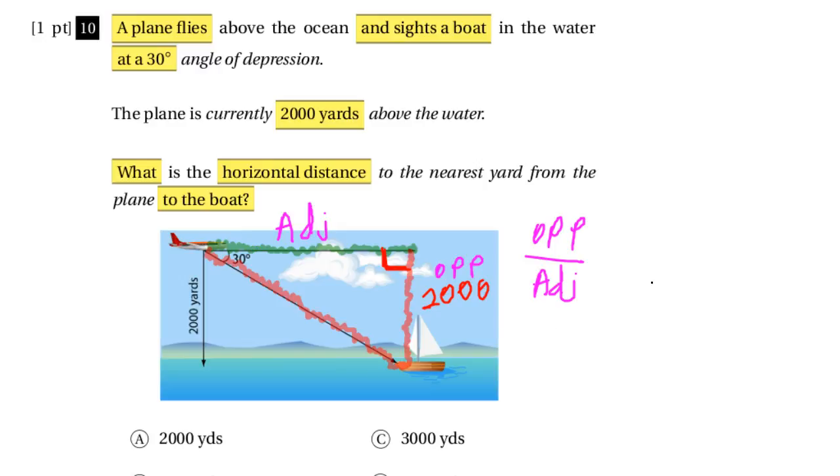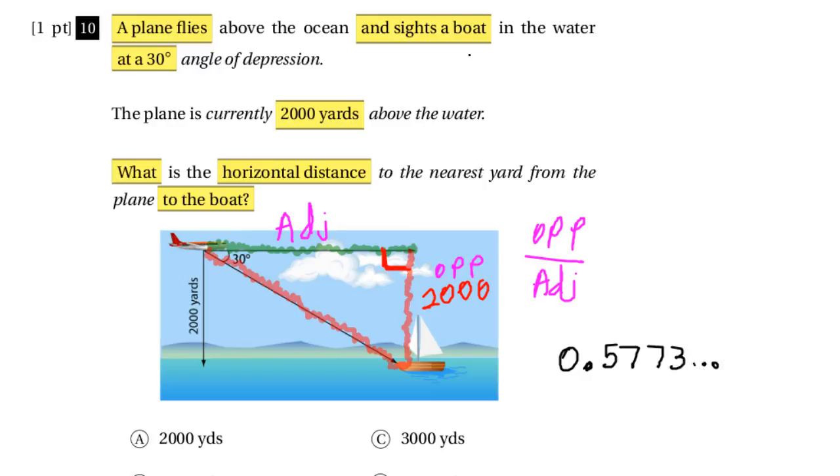So we use our ratio with the angle and it gives us 0.5773, and there's some other decimal numbers that come after that 3 that I'm not writing.